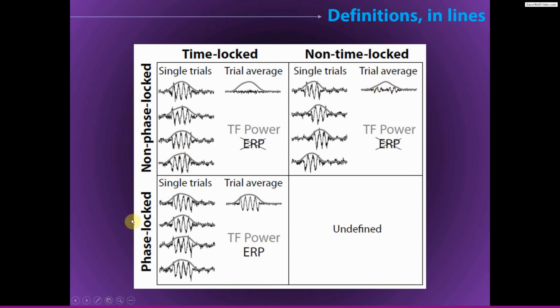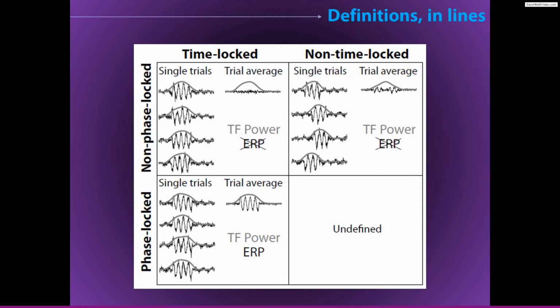Okay, so I and many other people like to call this activity phase-locked and non-phase-locked. You will also come across the terms evoked and induced. Evoked would correspond to phase-locked activity, and induced would correspond to non-phase-locked activity. Personally, I don't really like those two terms because it doesn't seem very intuitive to me how evoked means phase-locked and something is induced, but it somehow requires it not to be phase-locked.